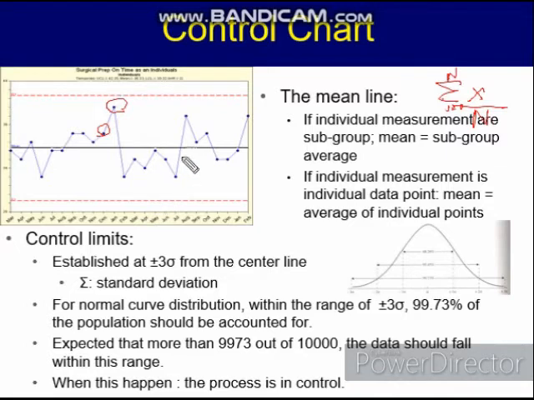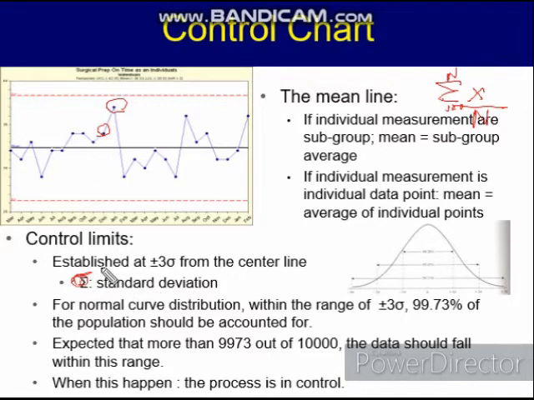The upper and lower control limits are established at plus or minus 3 sigma from the center line. Sigma is the standard deviation; this is the capital sigma, and this can be represented by small sigma.